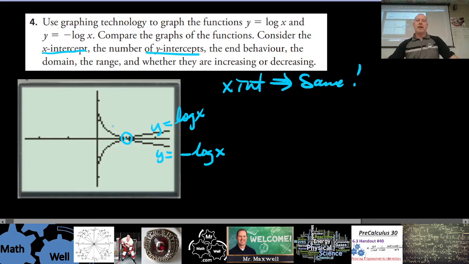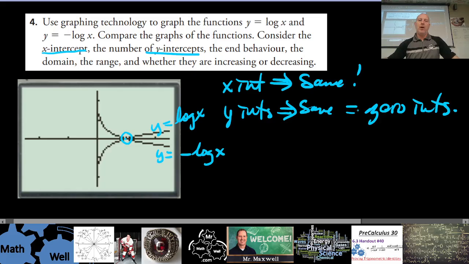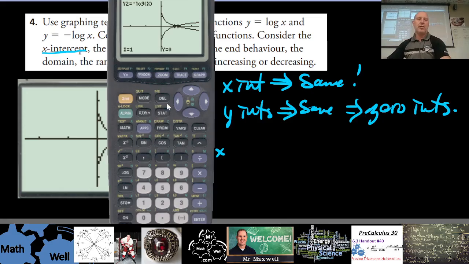Number of y-intercepts. Okay, so y-intercepts, they are also the same. They're both 0 intercepts. Not y equals 0, but there are none. And again, you could check that on your technology, graphing calculator, Desmos if you're at home. You can put this on Desmos, which you've seen before in class here.